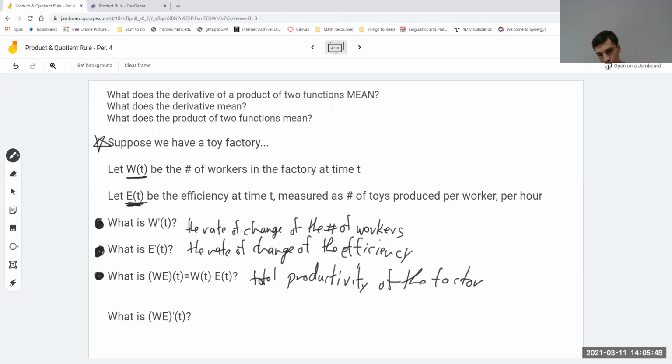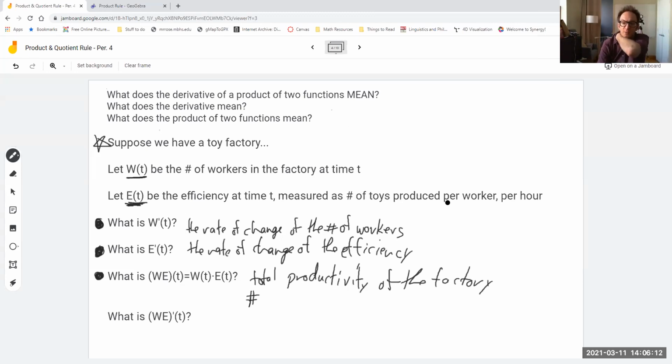In other words, someone else? Yeah, what are the units? Toys. Toys. If you multiply the number of workers by the number of toys produced per worker per hour, then yeah.